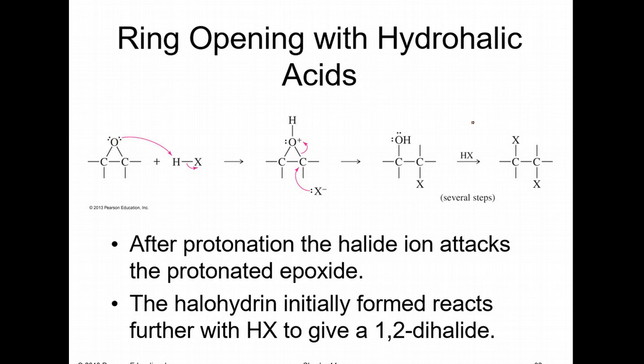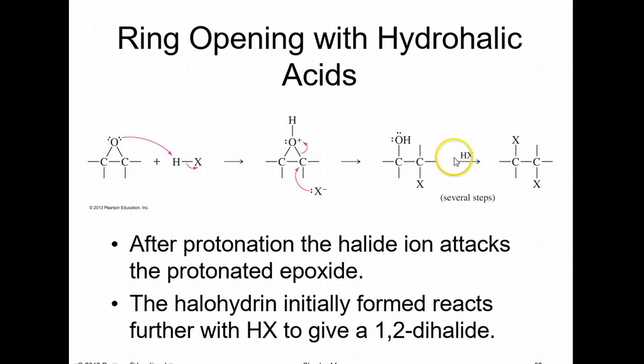So, ring opening with hydrohalic acids. Well, fancy names for basically HCl, HBr, HI. This is kind of interesting. You have to be very careful as to what kind of acid you use. If I have an epoxide plus, let's say, HCl, you protonate and you get the halohydrin.